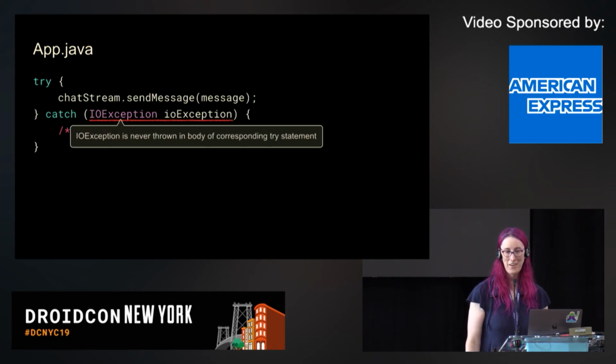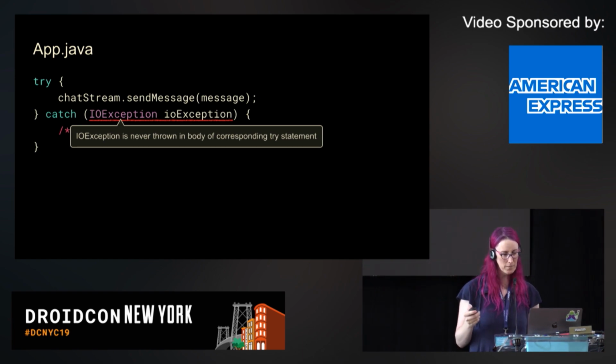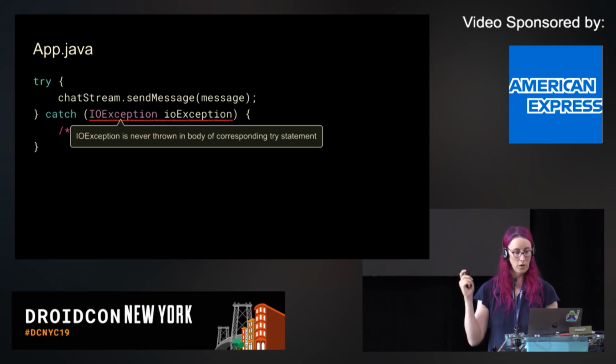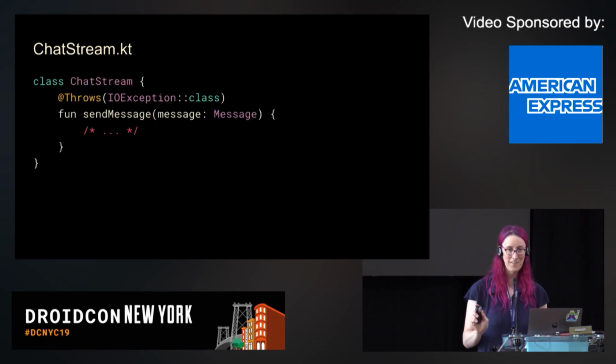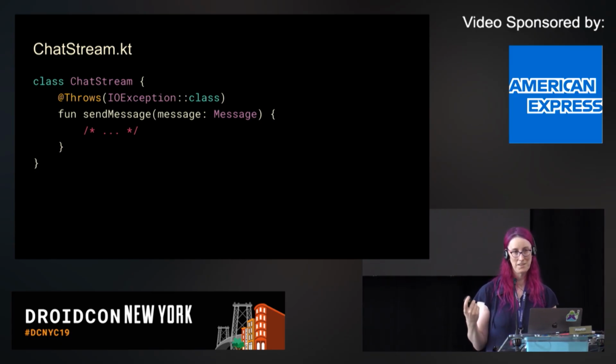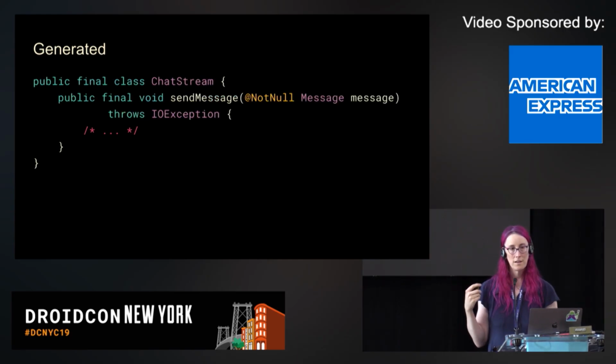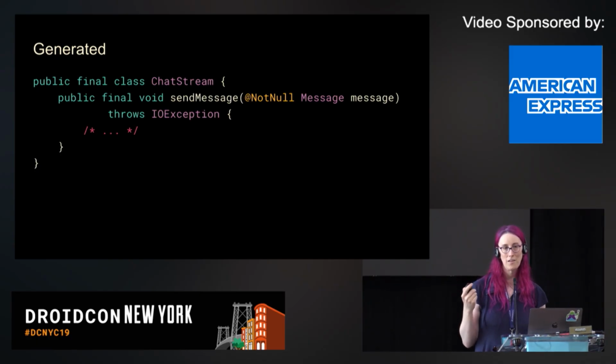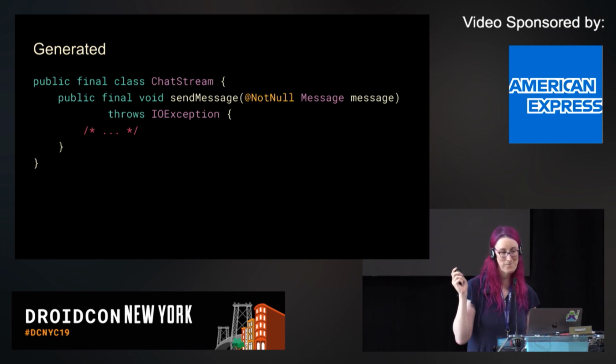So we want to do this, but because Kotlin doesn't have checked exceptions, it will give us an error here. But we can go through and say, Kotlin, I understand we're friends, but I really want to make my callers check for IO exception. And so you can say throws IO exception, and it will generate the code to do this. And then our compiler will be happy.